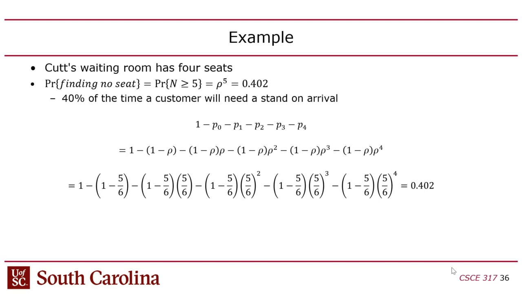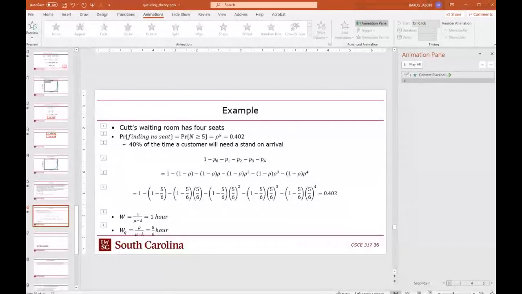Because you don't want to look at the time that you've got no one in the shop, or no seats taken, or 1 seat taken, or 2 seats taken, or 3 seats taken, right? So it seems like you'd have to subtract P sub 5 as well. Maybe I might have done that when I worked it out. Let me double check that.